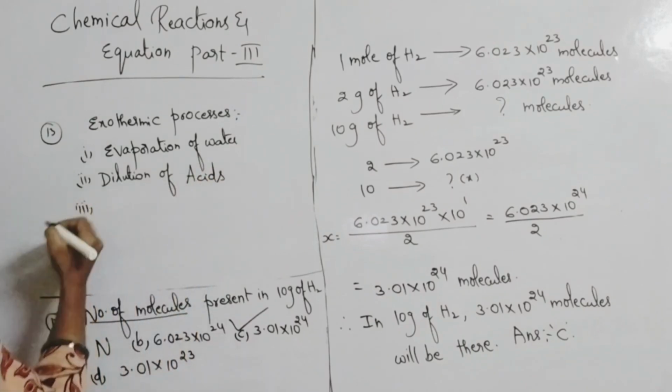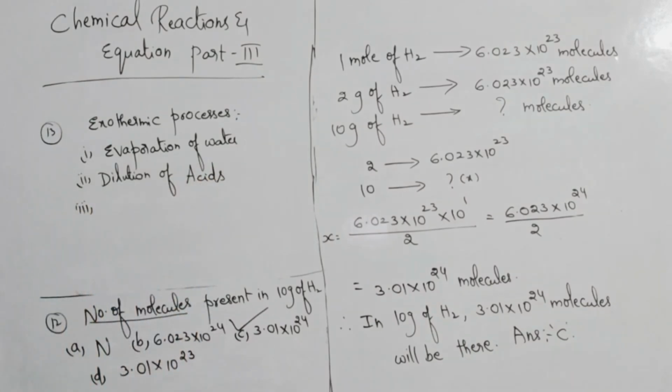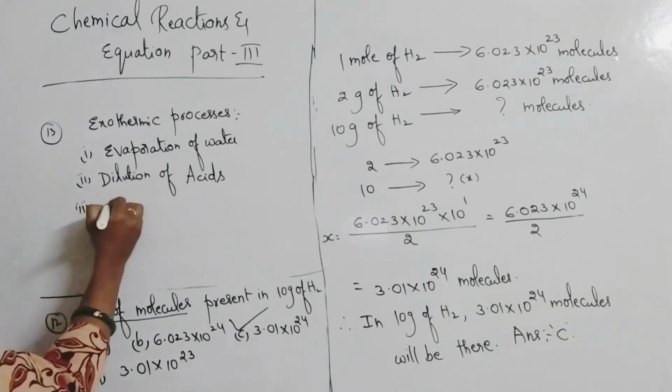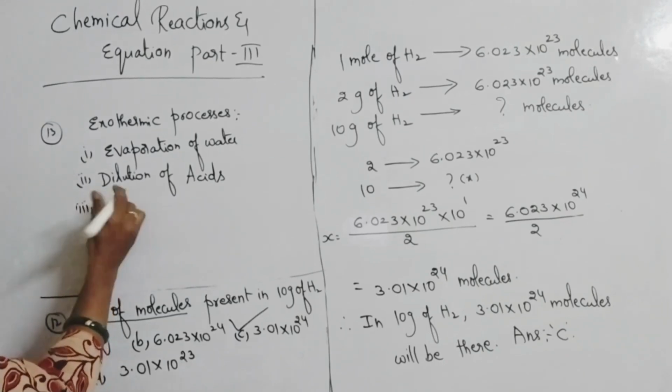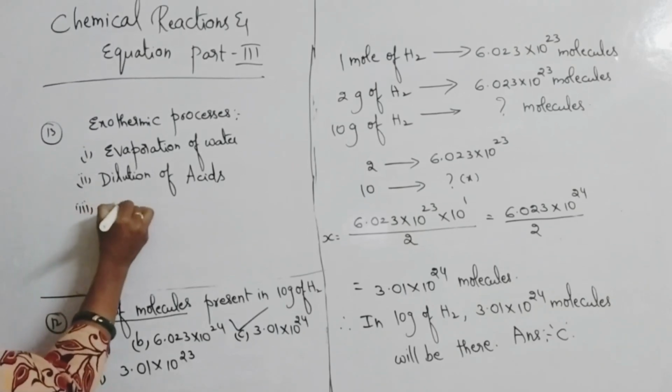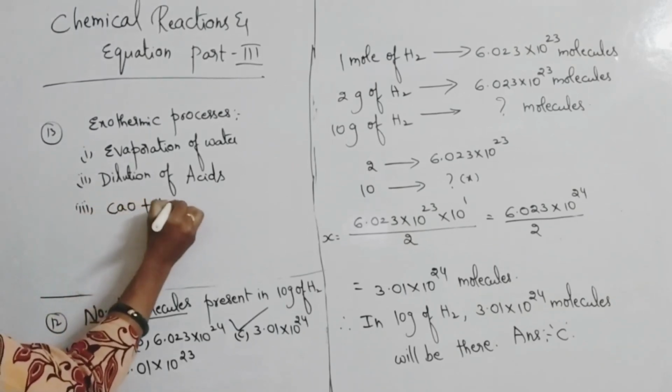And what is the third option? Reaction of water with quicklime, that is CaO plus H2O.